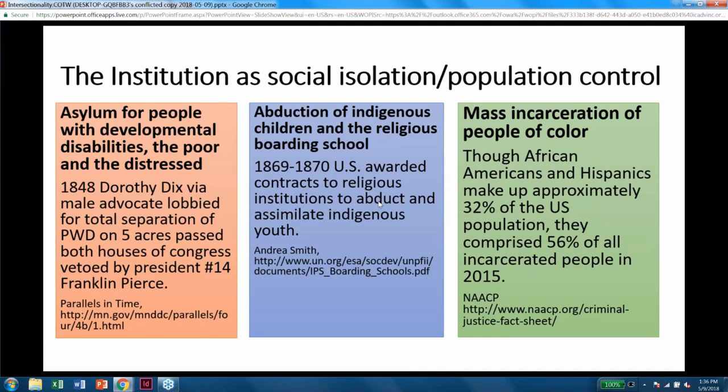This really came from the fact that it was costly to go to war. And so in 1855, the Commissioner of Indian Affairs explained that it's just cheaper to educate the Indians than to fight them. So what they did, 1869 to 1870.